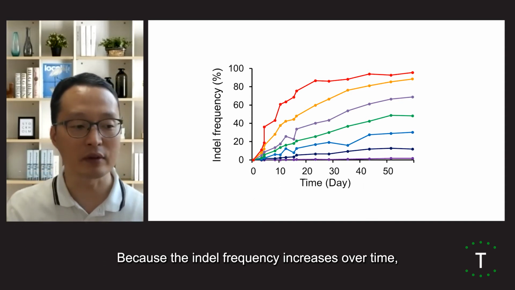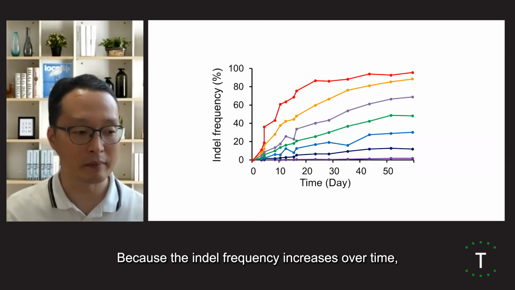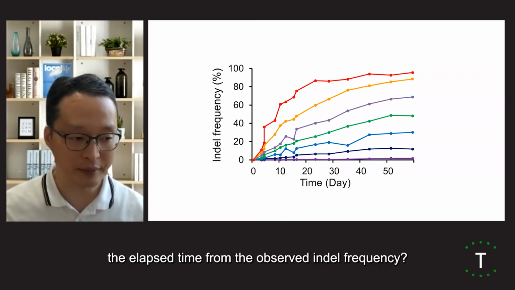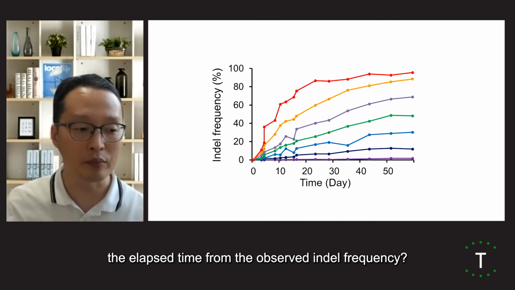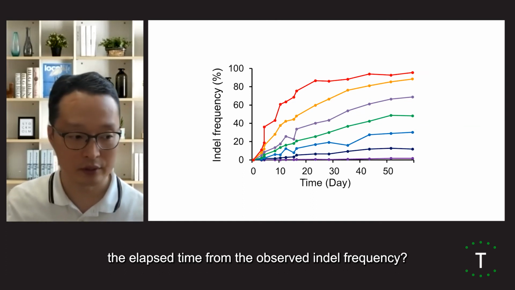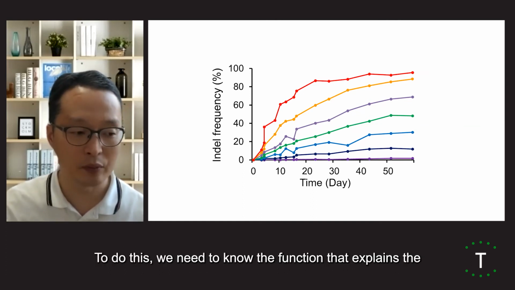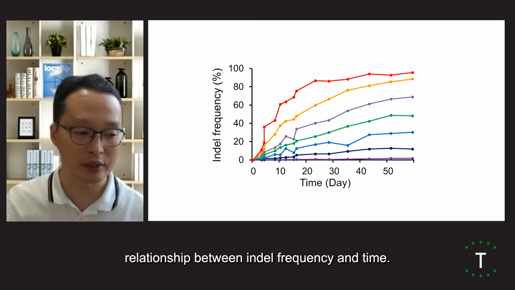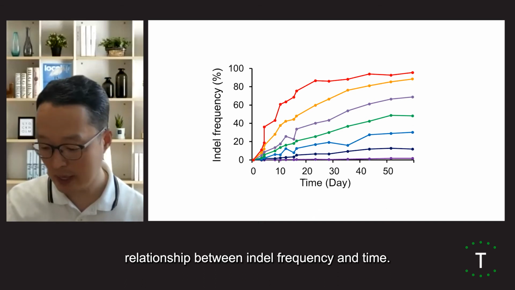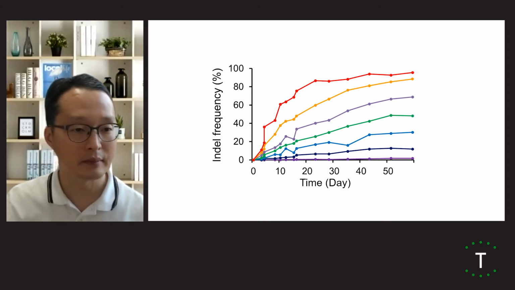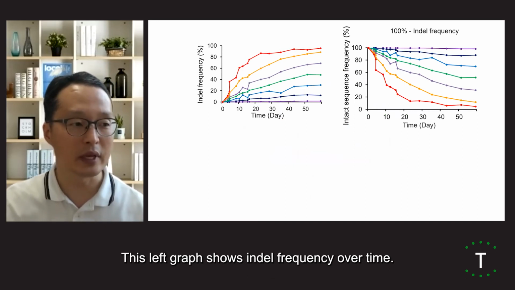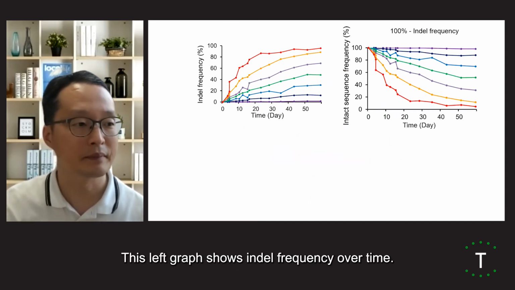Because the indel frequency increases over time, can we estimate elapsed time from the observed indel frequency? To do this, we need to know the function that explains the relationship between indel frequency and time. This left graph shows indel frequency over time.